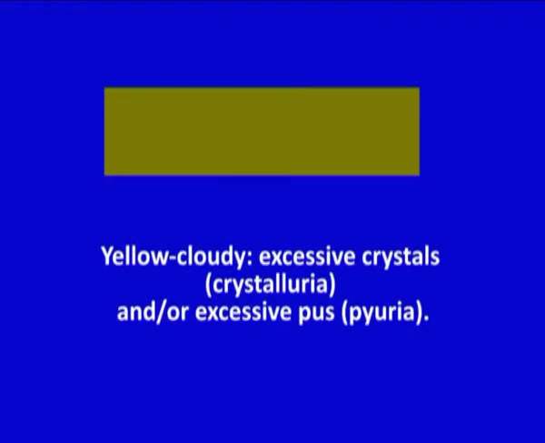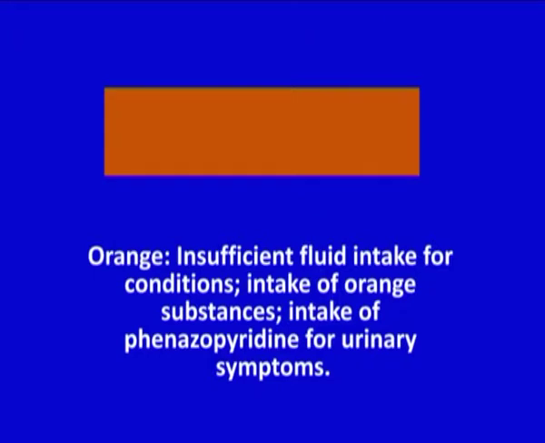Yellow amber: this is considered normal. Yellow cloudy: excessive crystals, crystalluria, and or excessive pus, pyuria. Orange: insufficient fluid intake, intake of orange substances, or intake of phenazopyridine for urinary symptoms.